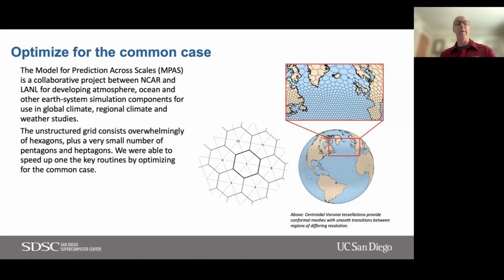They had a new unstructured climate and weather code, where the domain was broken up into mostly hexagonal cells with a small number of pentagons and heptagons. There's a mathematical proof that you cannot completely cover a sphere with hexagons. You're going to need a certain number of pentagons or heptagons to make it work.